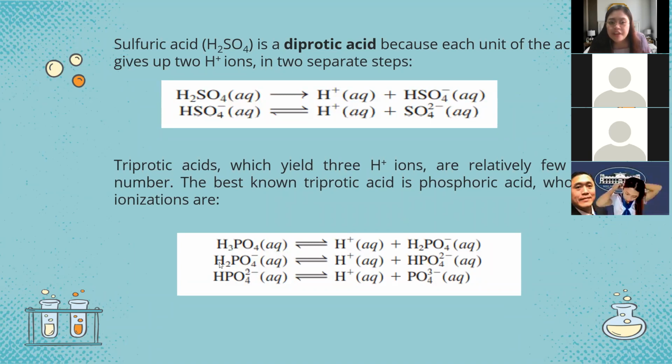And then further ionization of the dihydrogen phosphate will again give you a hydrogen ion, and you have here the hydrogen phosphate. And then itong hydrogen phosphate na ito, mag-ionize na naman, magbibigay na naman ng isang hydrogen, and then the last one here is the phosphate ion. So all in all, you have 3 hydrogens na na-produce galing kay phosphoric acid. Kaya tinatawag siyang triprotic acid.